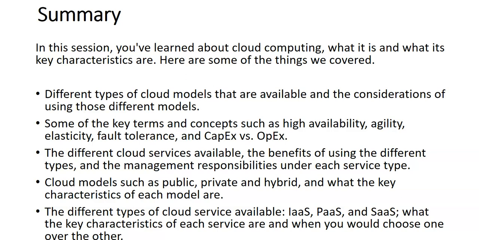The different cloud services available, the benefits of using the different types, the management responsibilities. We discussed cloud models such as public, private, and hybrid, and the key characteristics of each model. The different types of cloud services available, such as SaaS, what the key characteristics of each service are, and when you would choose one over the other.